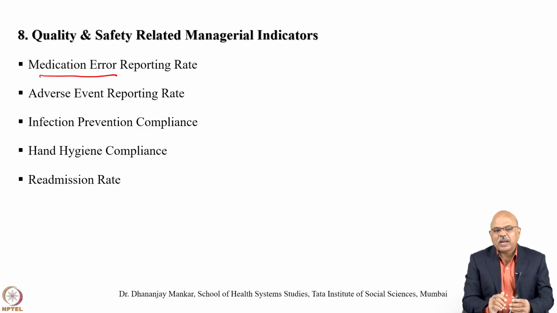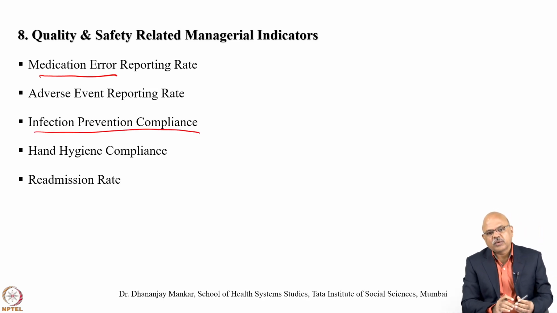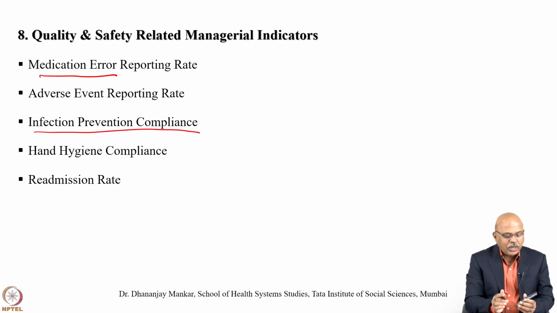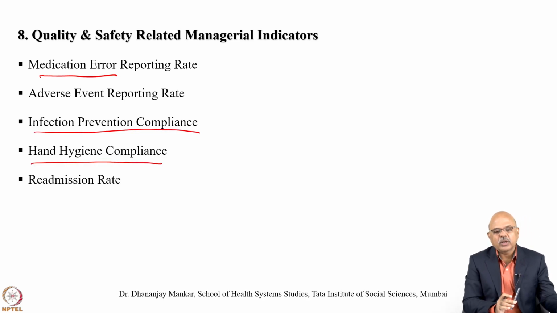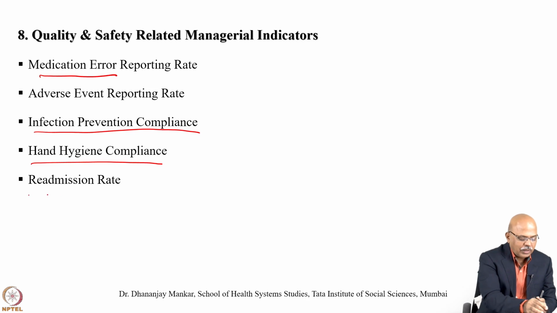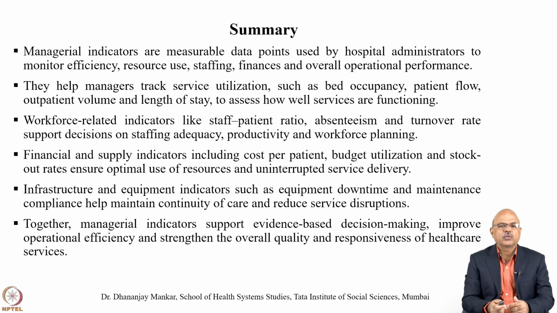Infection prevention compliance is very important, as we are finding that Indian organizations are facing a lot of issues with respect to this. Hand hygiene compliance needs to be improved with respect to infection control and the HAI burden that we are facing. Readmission rate focuses on the image of the hospital and the improvement of its plans and purposes, which we need to see.